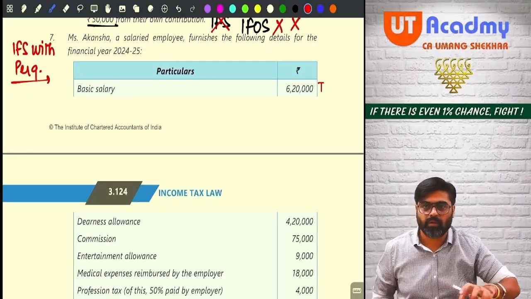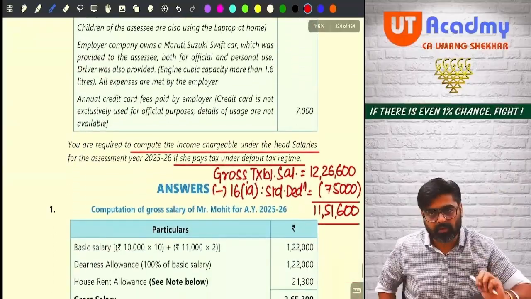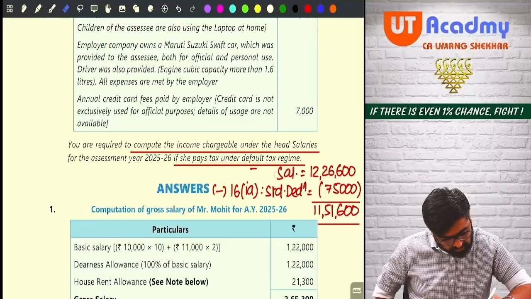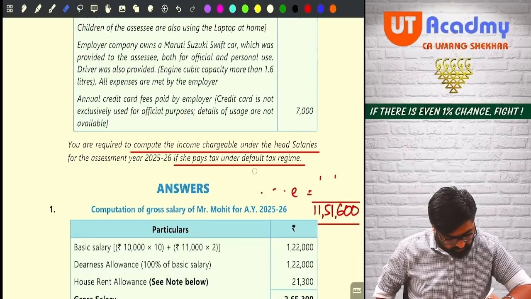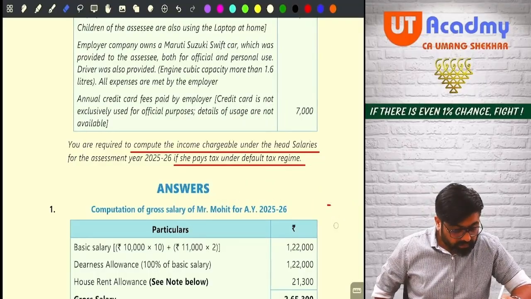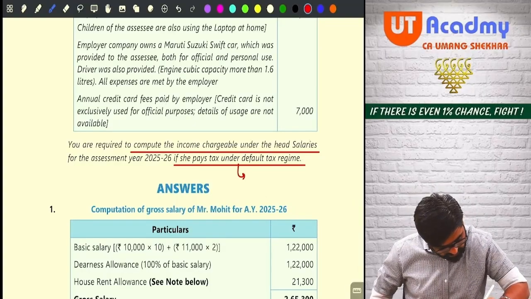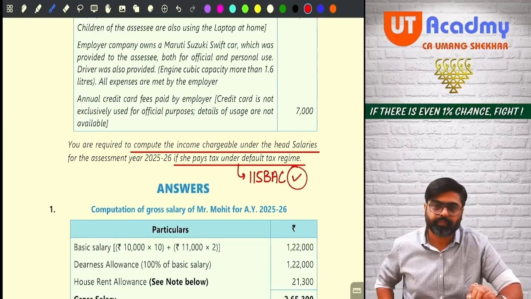But wait, in the last part, you will see that they are mentioning that she pays tax under default tax regime. What, friends? She pays tax under default tax regime, meaning that 115 BAC she is following.